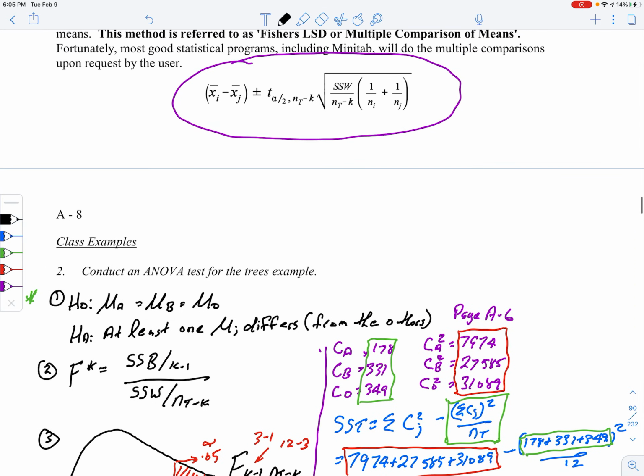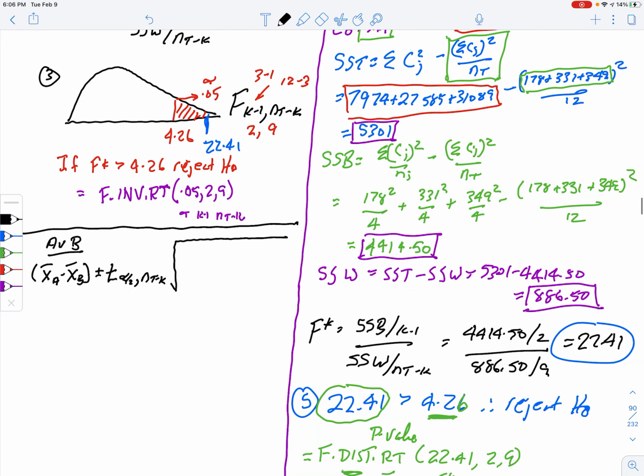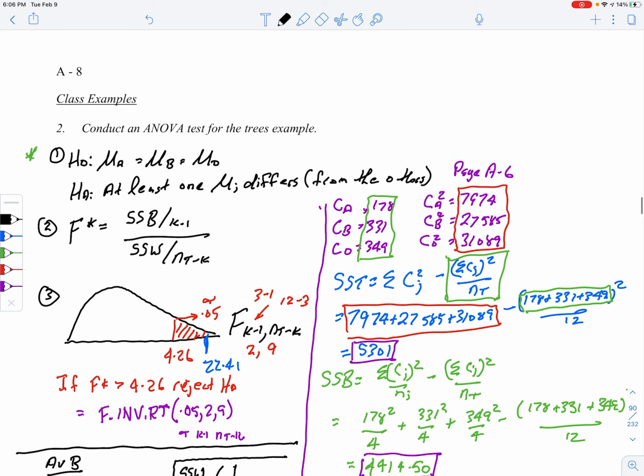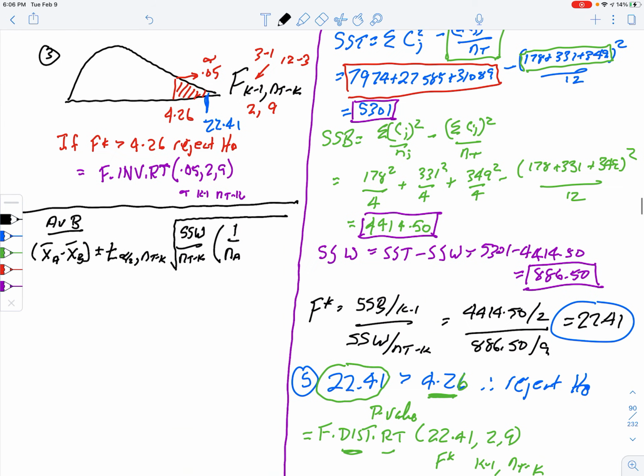of, and then going back up here, we've got SSW over NT minus K. And then there's actually an adjustment here, plus 1 over N for each of the two provinces.